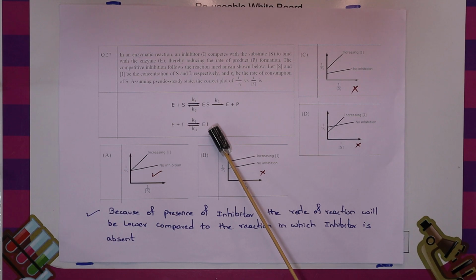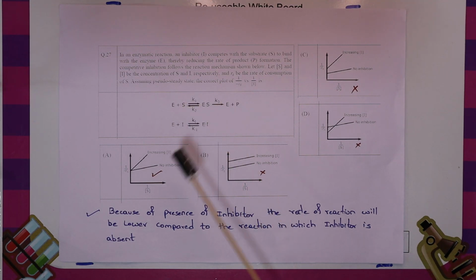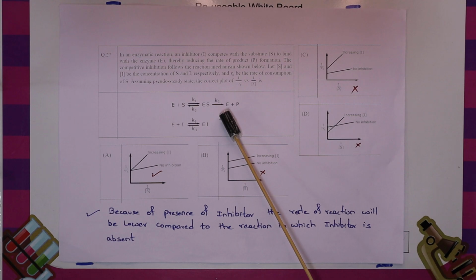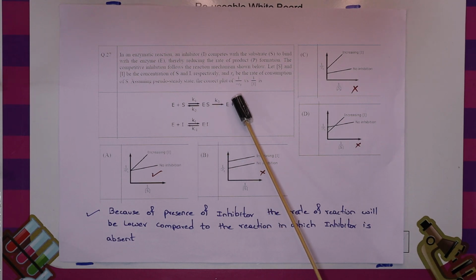Once the inhibitor is attached to the enzyme, this enzyme is not available for the reaction. So some of the enzyme molecules form a complex with the inhibitor. Because of this, the speed of the reaction, which is the formation of the product P, will be slowed down. That is what is given.